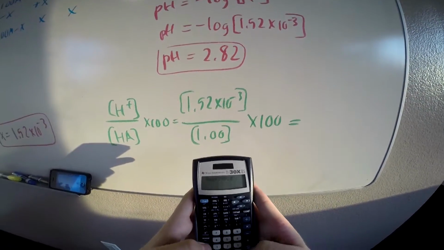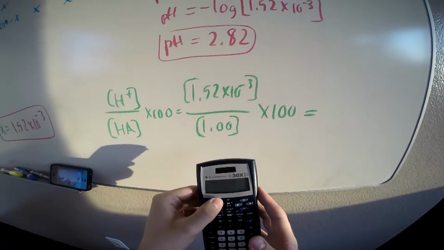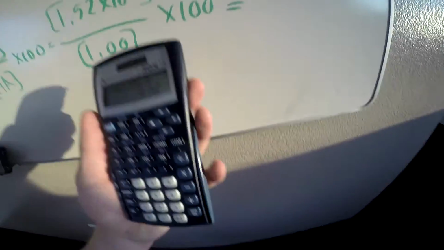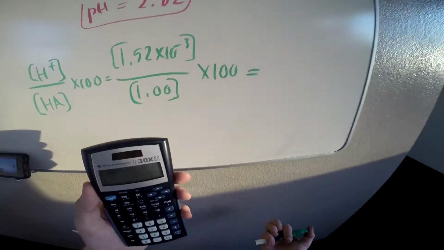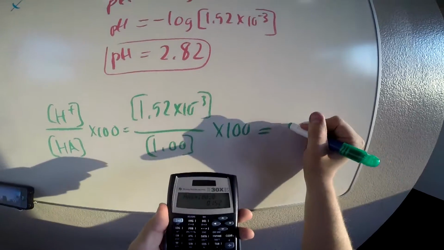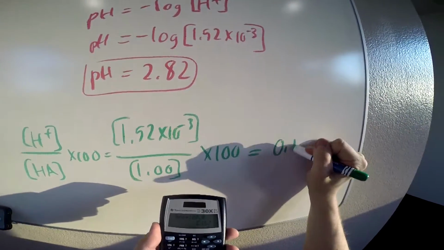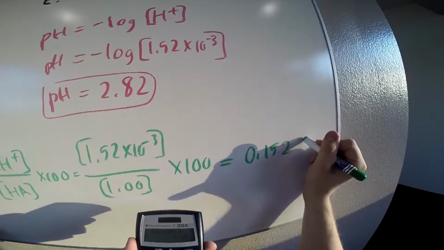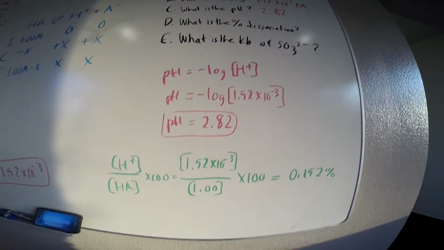You didn't really need a calculator to do this, but you get the idea. So let's put it back in a standard form, and you'll be able to see that the answer is 0.152%. Okay? Now, that's our percent dissociation.